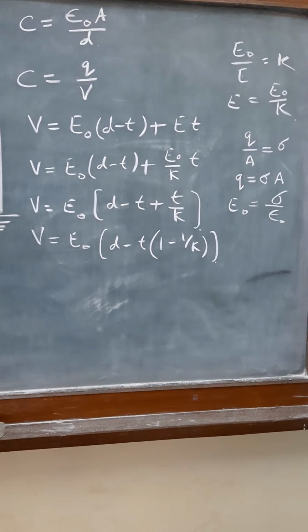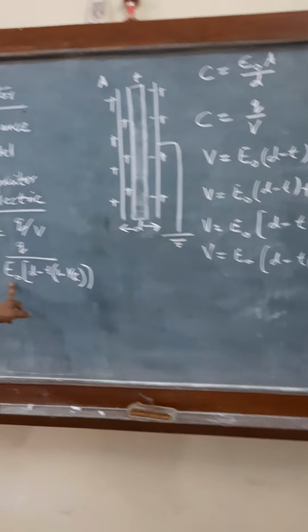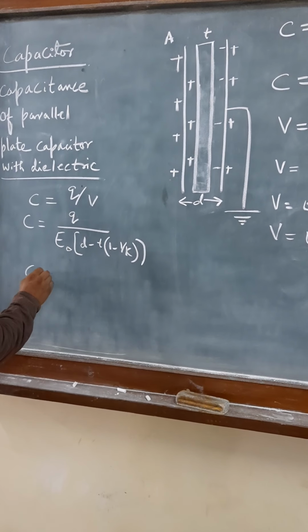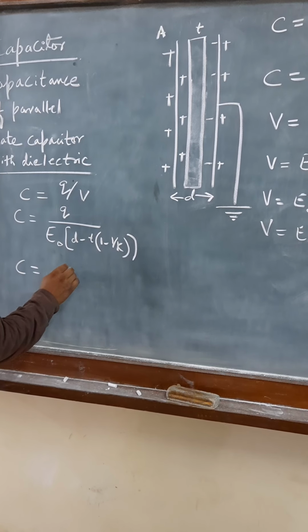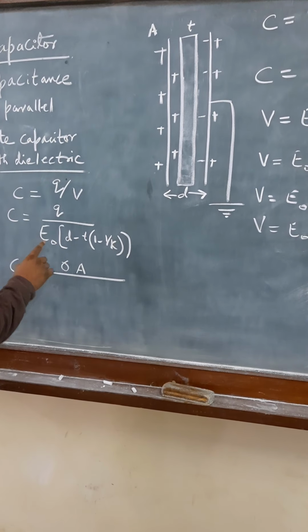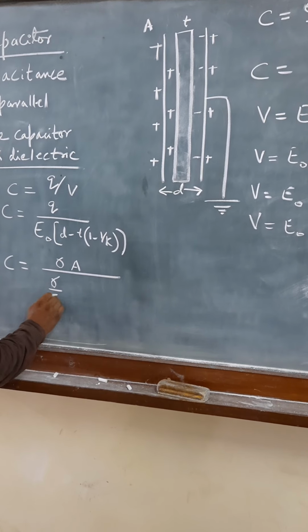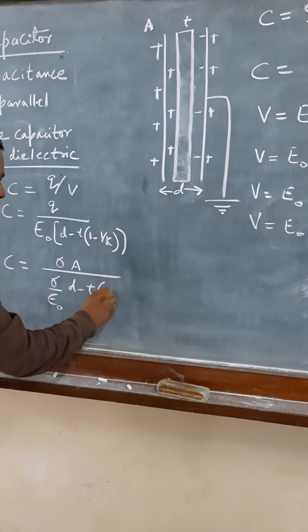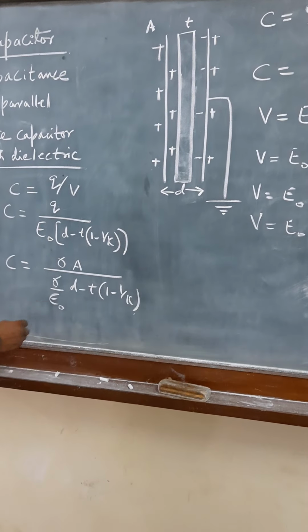So we substitute the value of E naught and charge in terms of charge density. C comes out to be sigma into A upon sigma upon epsilon naught into d minus t into 1 minus 1 upon K.